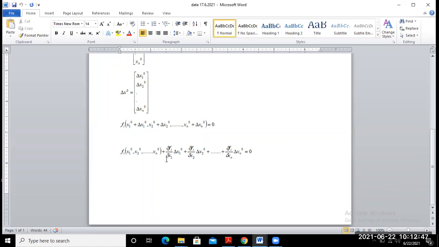We expand this equation in a Taylor series, so plus higher order terms equal to 0.